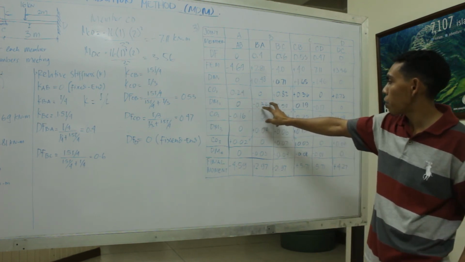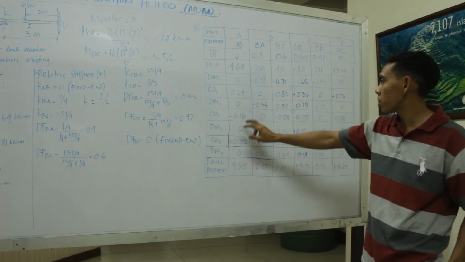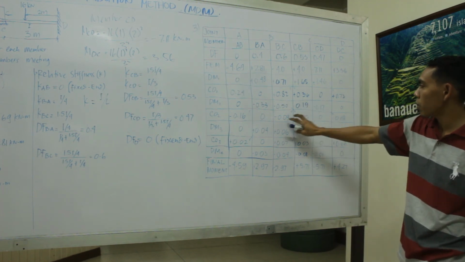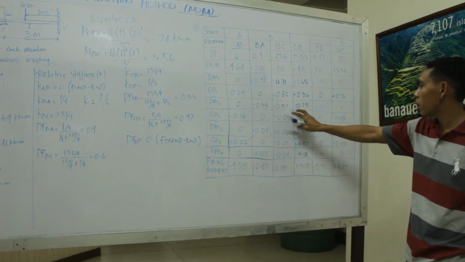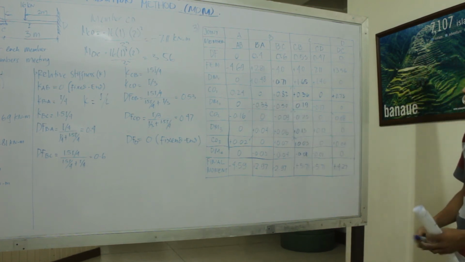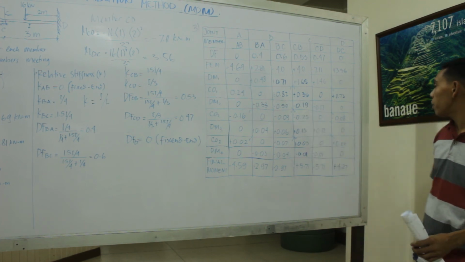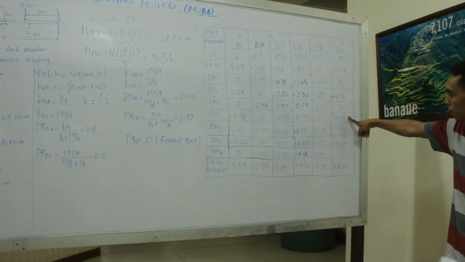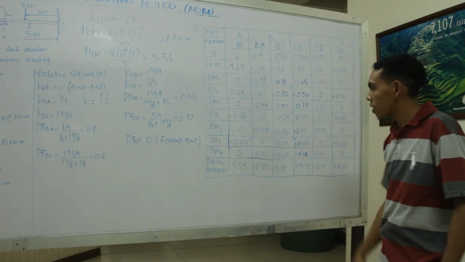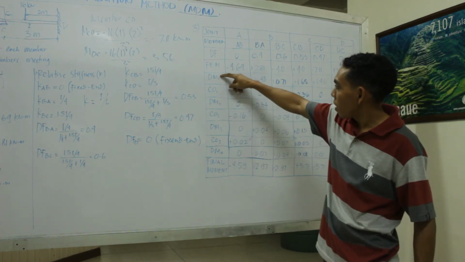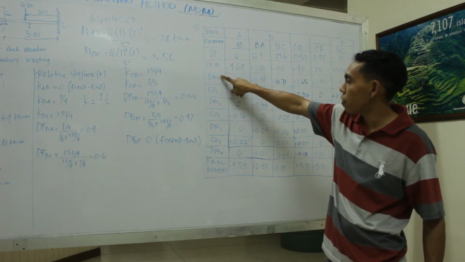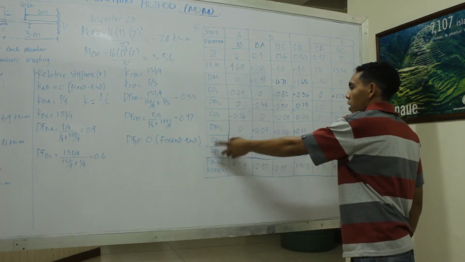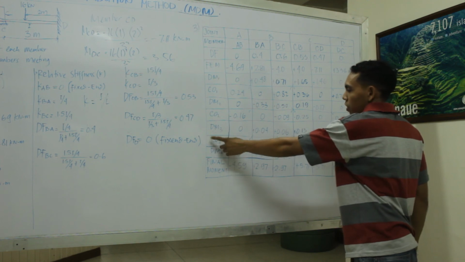Half of negative 0.33 is equal to negative 0.16, and half of negative 0.19 is equal to negative 0.09, and half of negative 0.5 is equal to negative 0.25 here, and this one we have half of 0.17 here is equal to negative 0.08, and we just have to do the same thing as what we did in the first distributed moment and first carryover for the third distributed moment and third carryover.